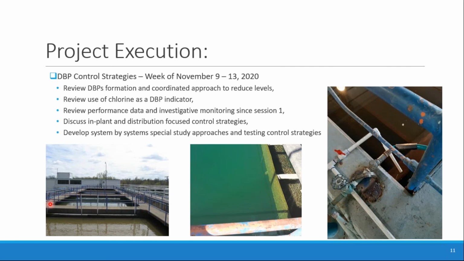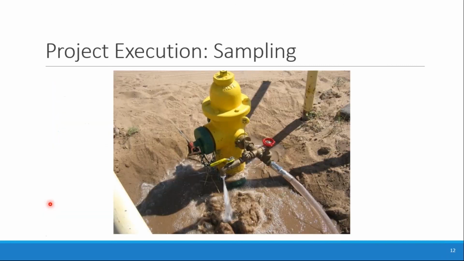The operators will then be tasked with identifying what would work best for their water system and implement it after the second round of training. And hopefully that will lead to the compliance that we're looking for, without major infrastructure. Hopefully some O&M practices will help improve compliance.